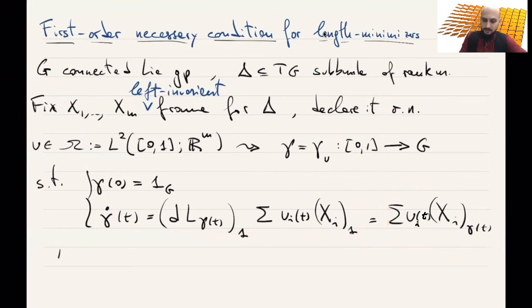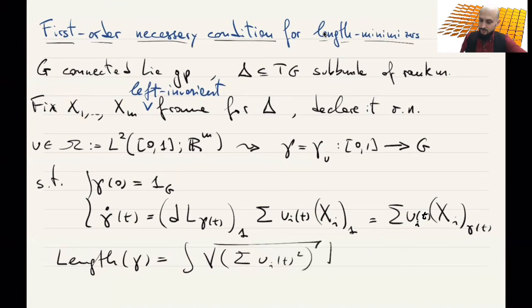In fact, we can calculate the length of gamma as the integral of the norm of the vector u, so the square root of the sum of u_i(t) squared, dt, integrated between 0 and 1.